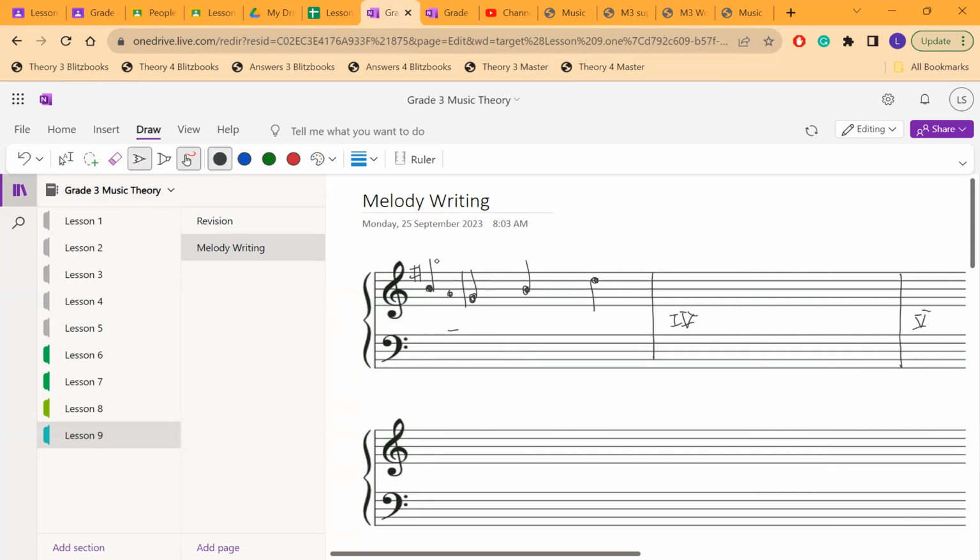As long as you start the very first bar on the tonic. So, E, D, D. And we're in 3/4, I forgot about that.